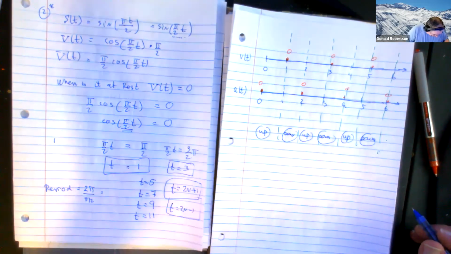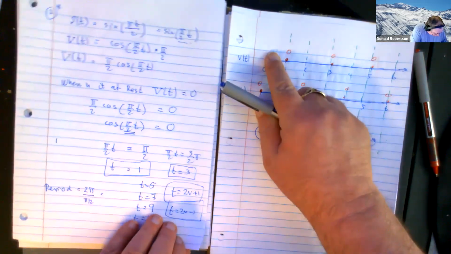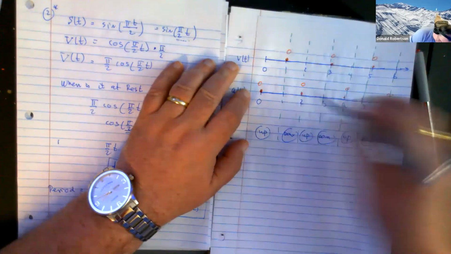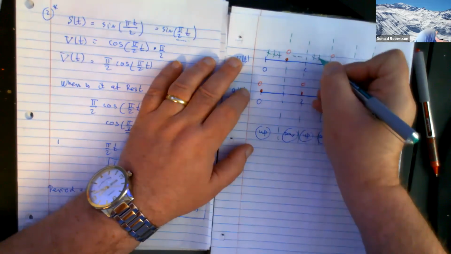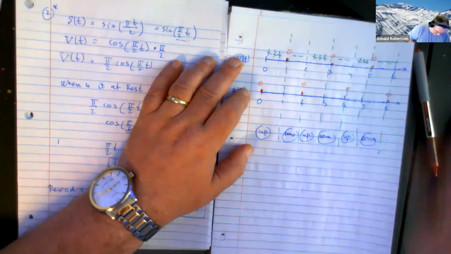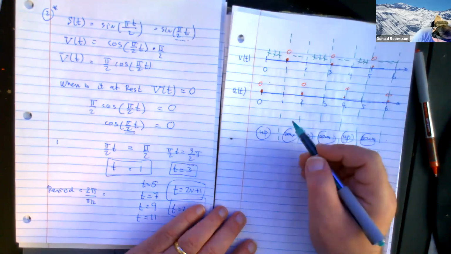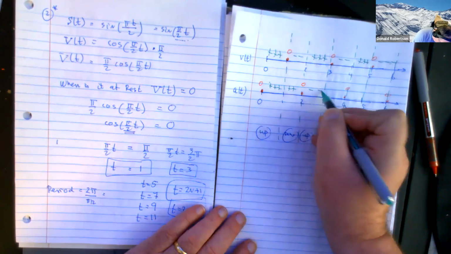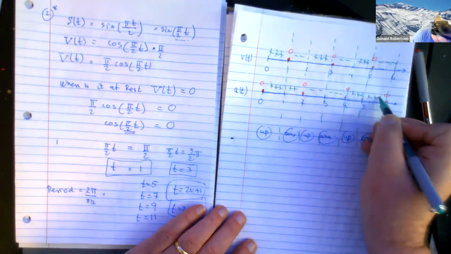And if you just plug in, let's plug in 0. So if I plug in 0 for the velocity, I get a positive answer. Then I get a negative answer. Then I get a positive answer. Then I get a negative answer. And if you do the acceleration one, you get that.